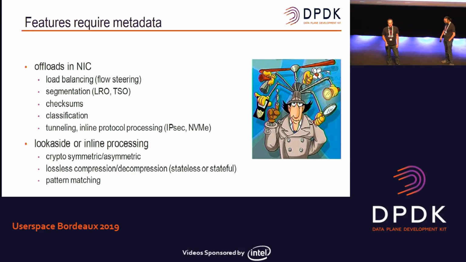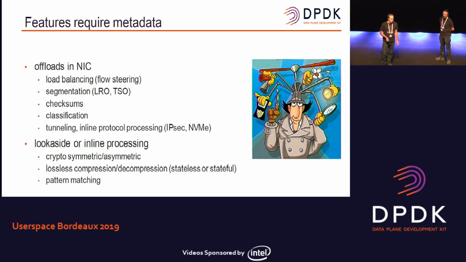First, why mbuf? We really need mbuf to offload a lot of things from our devices. This is the central place to put our device features. For instance, for flow steering, you put some metadata for segmentation, checksum, classification. All these things take place in mbuf.